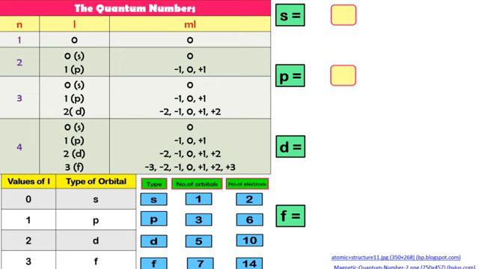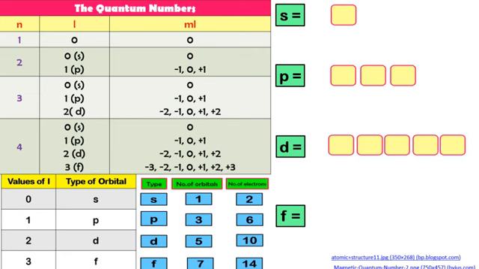In the P, we have three orbitals, so 1, 2, 3. In the D, we have 5: 1, 2, 3, 4, 5 orbitals. And the F has 7 orbitals: 4, 5, 6, 7 orbitals.